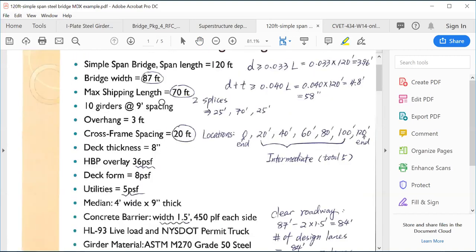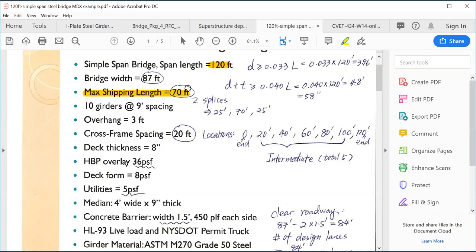Okay, then the next one is the maximum shipping length, equal to 70 feet. Based on this, we know it's not possible to make just one piece for this bridge, which is 120 feet, and we have to cut the girder into pieces in order to make the shipping work.